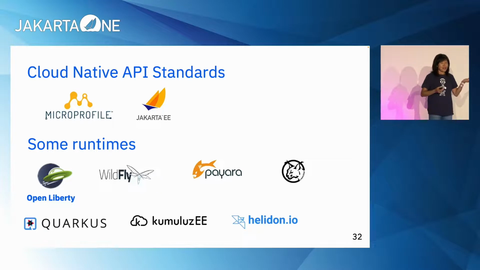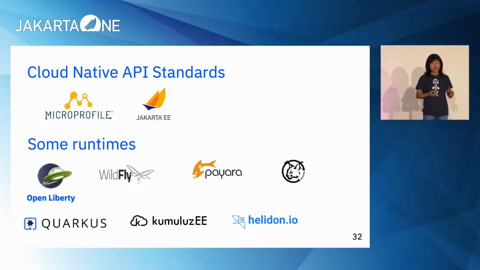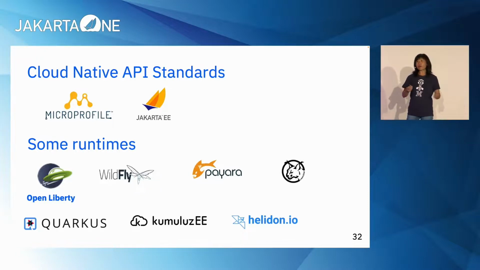Luckily, we have the cloud-native API standards to help you. So MicroProfile and Jakarta EE. This is all standard. This is all cloud-native standard. When I call it a standard, the proof is you have a lot of runtimes to choose from. It's not only one vendor. Companies move very fast.